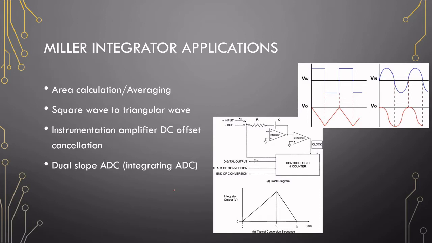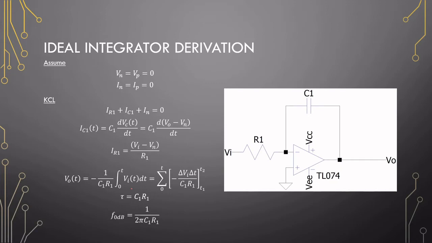Okay, so on to the derivation. We can assume that we have an ideal op-amp, and again, the current flowing through the capacitor is the change in voltage over the change in time. And we can find our two equations and combine them to find that we have integration of the input signal.